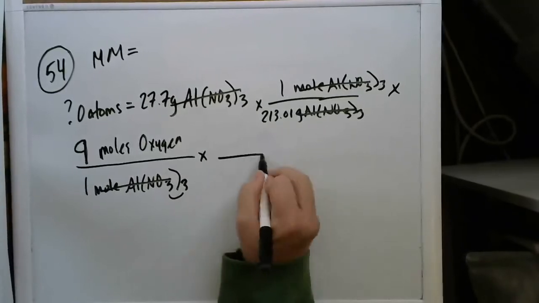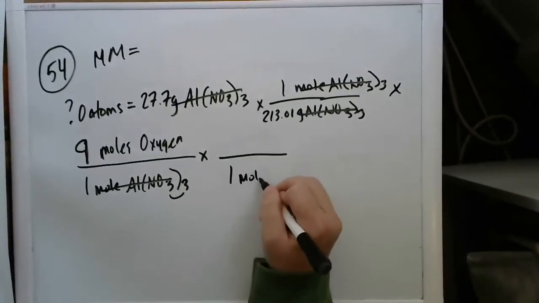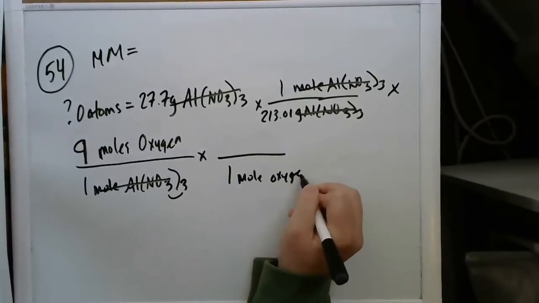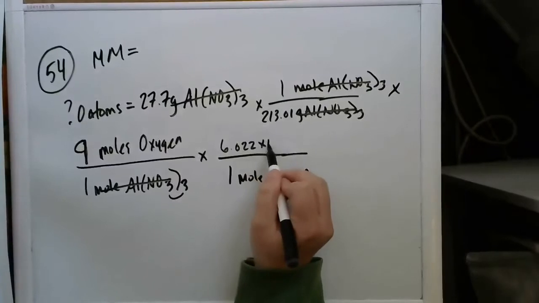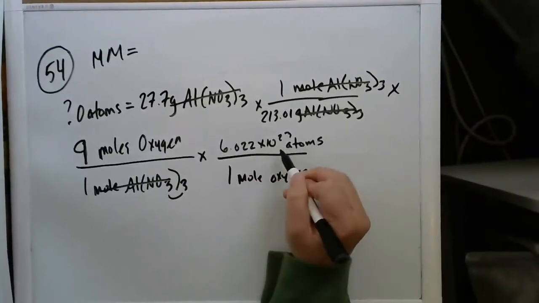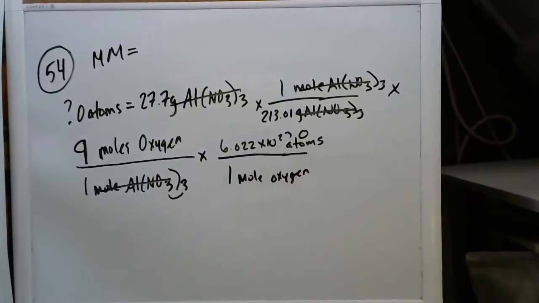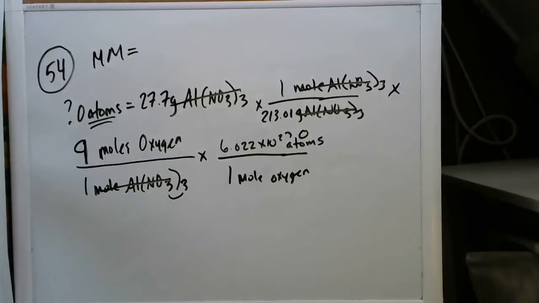Now we want to go one more step because we want atoms. So in every 1 mole of oxygen, there's going to be Avogadro's number of oxygen atoms. Don't forget, when you see this right there, that's your key that you're going to have to use Avogadro's number somewhere, right?